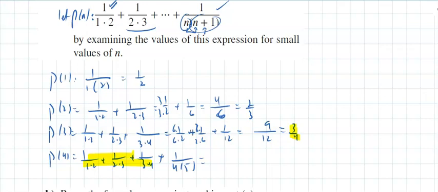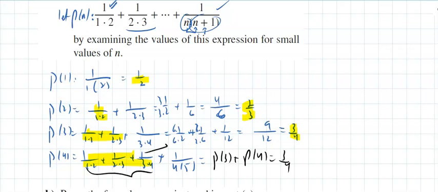I could say this is P of 3 plus the last term. P of 3 is 3 over 4, that's the sum of those, plus 1 over 20. So the LCD here is 20. 15 plus 1 is 16 over 20, which is 4 over 5.